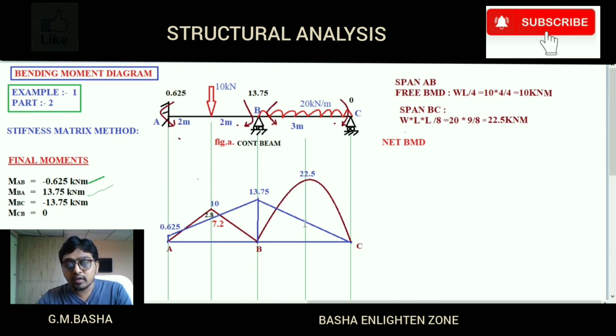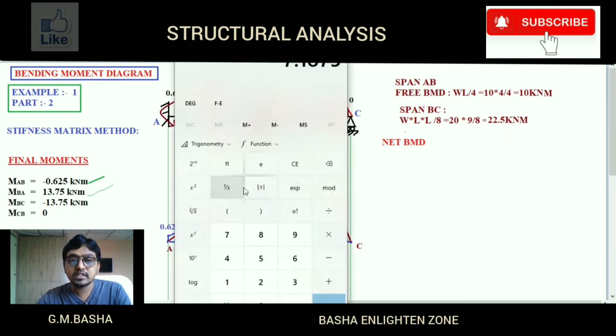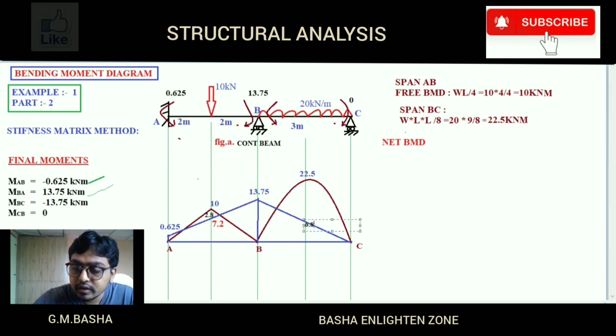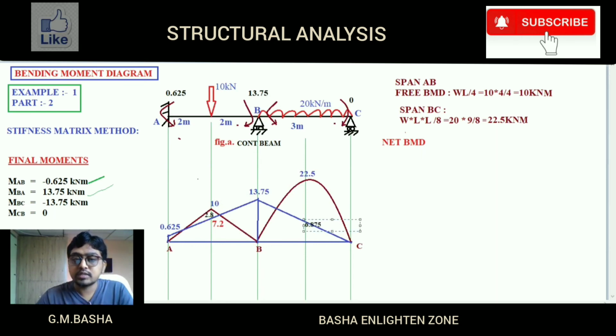If you want the ordinate exactly at the center, you have to take the average, 13.75 plus 0 by 2, which is 13.75 divided by 2, which is 6.875. I am taking 6.87 here. 6.875 is our average ordinate at that point.